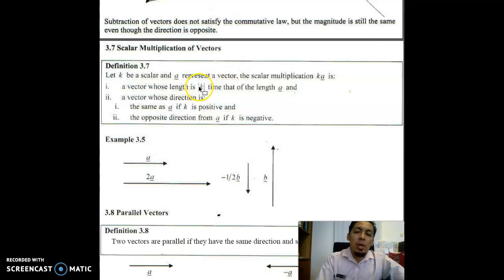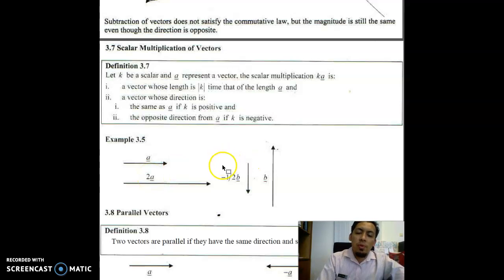If let's say our k here is 2, then this length will be multiplied 2 times, so it will be expanding. For example, this is a, and when you multiply with 2, the direction will remain the same. However, the length, the magnitude, is multiplied 2 times. That's what it means by scalar multiplication.